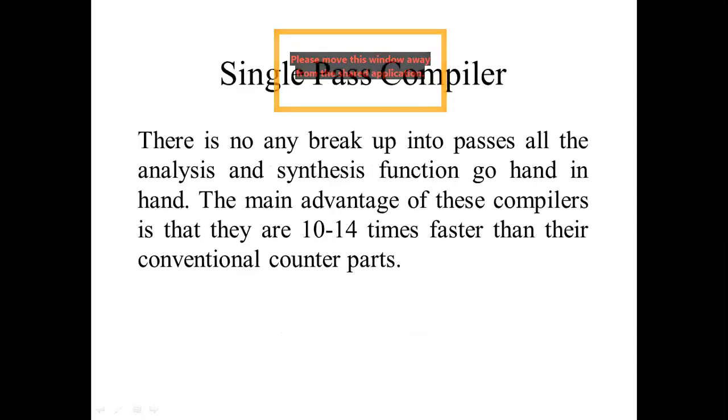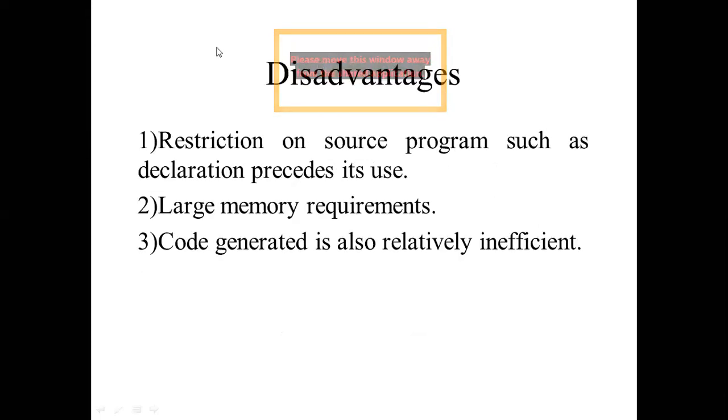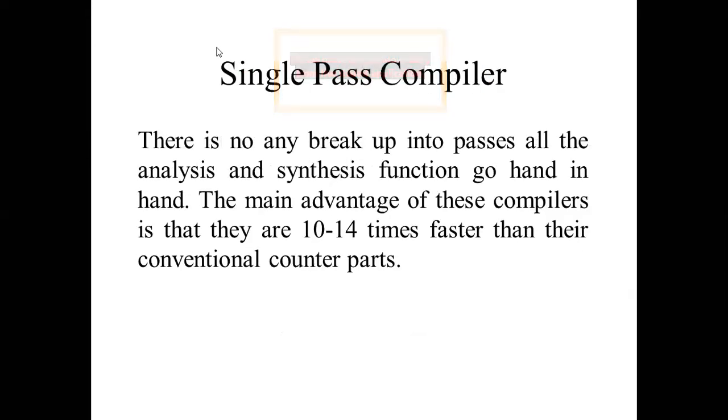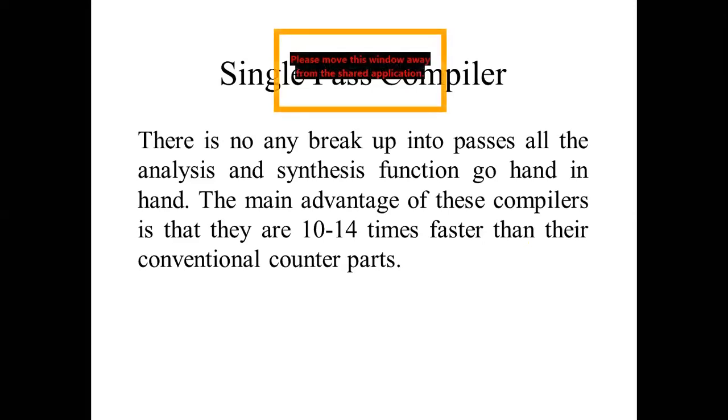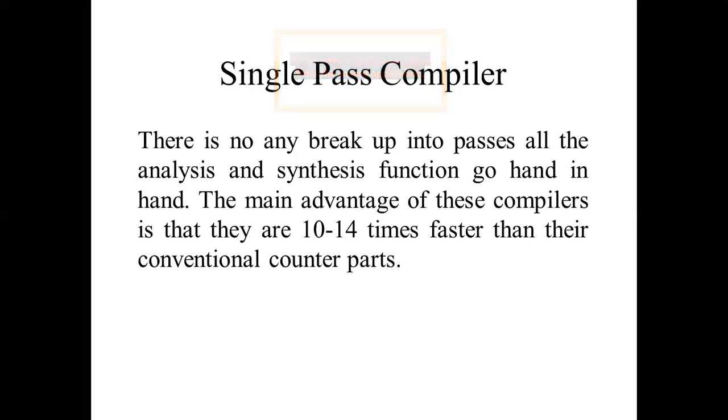Now, what is a single pass compiler? In a single pass compiler, everything goes in one pass, meaning there is no break into a number of passes. In the preceding case, you have seen that the compiler manages the work after breaking the load into a number of passes: pass 1, pass 2, pass 3, maybe pass 4, pass 5, pass 6, and so on.